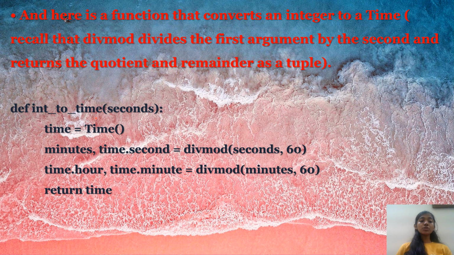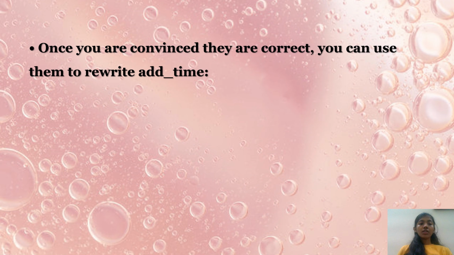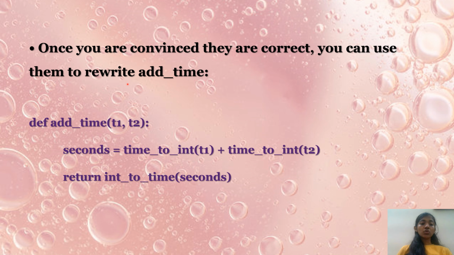So defining int_to_time with parameter seconds and taking time as a Time object. So time.minute and time.second equals divmod(seconds, 60), and time.hour and time.minute equals divmod(minutes, 60), and calling return to return time. Once you are convinced that they are correct, then you can use them to rewrite add_time. So defining add_time with t1 and t2, and seconds equals time_to_int of t1 plus time_to_int of t2, and calling return to return int_to_time of seconds.